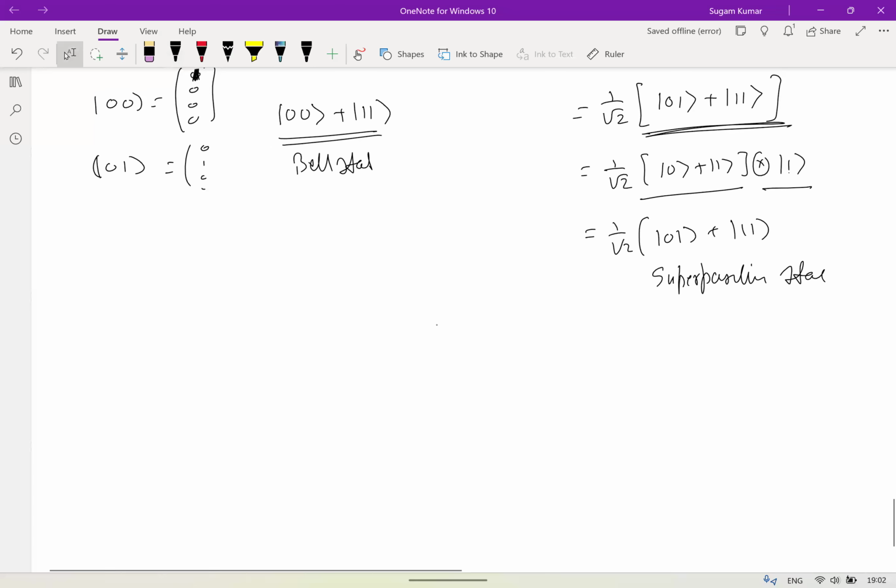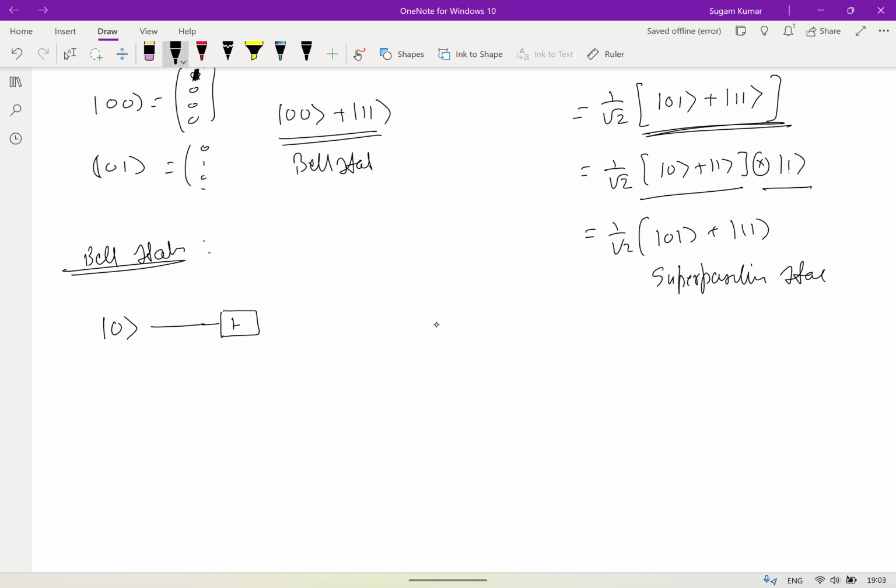So this is just an example of how you can now solve these problems. For example, if you want to create Bell states, let's take one circuit diagram and one state here, and then I apply a CNOT gate here.